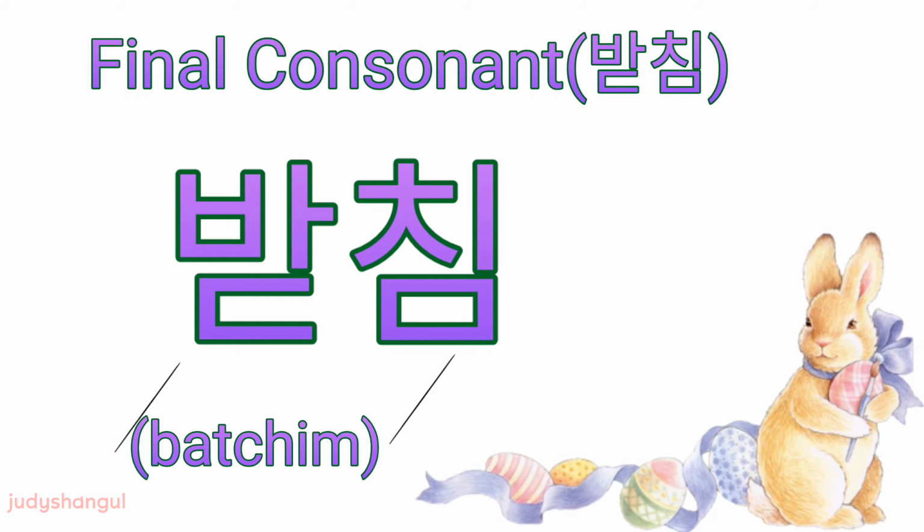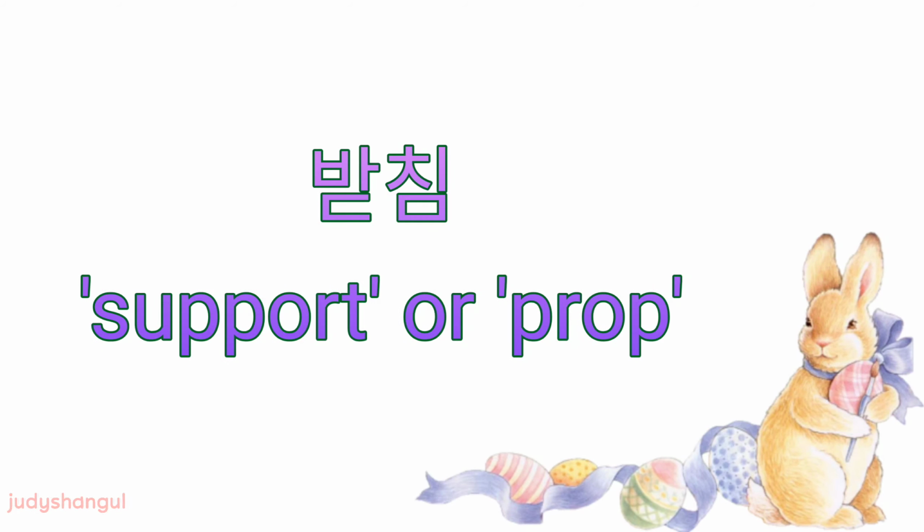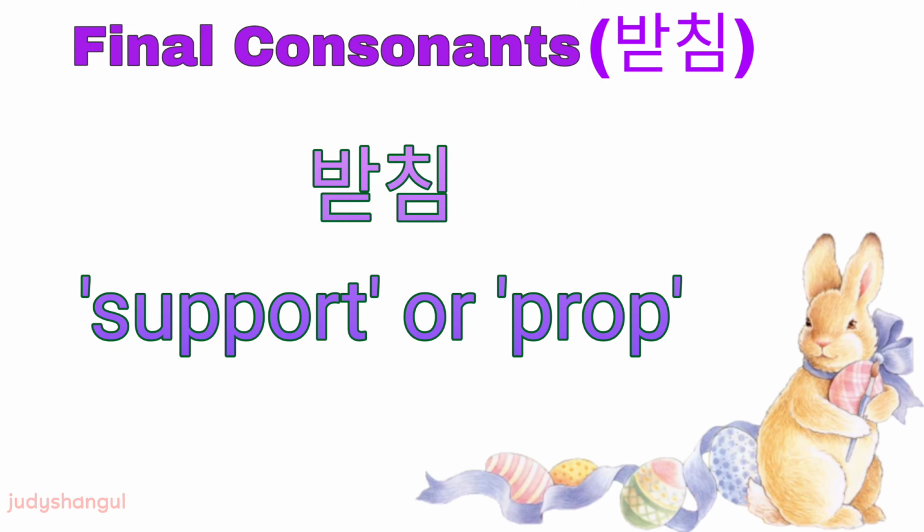Okay, it's time to learn 받침, or final consonants. A final consonant is a consonant placed at the bottom and pronounced at the end in a Korean syllable block. 받침 means support or prop because it supports other letters from below.